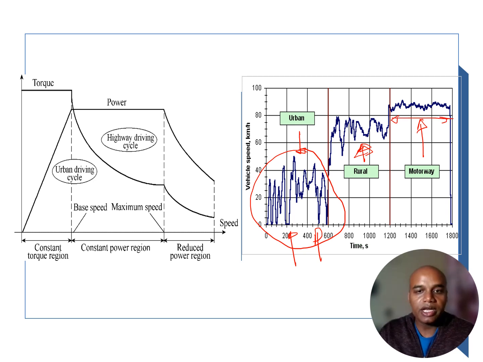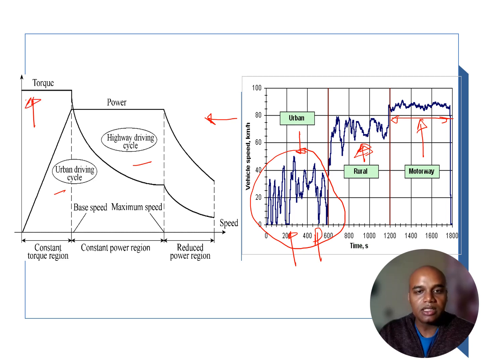Taking this again in terms of torque, let's understand this graph. Again, this shows the urban and highway driving cycles, and the rural also comes into the picture. Here we can see that the torque requirement in the urban drive is higher, because the speed is lower compared to the highways.